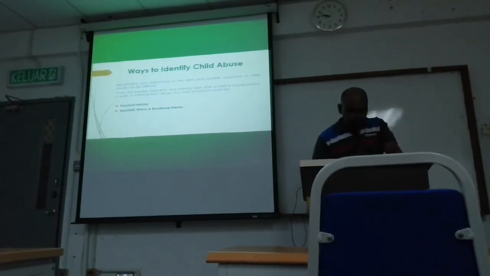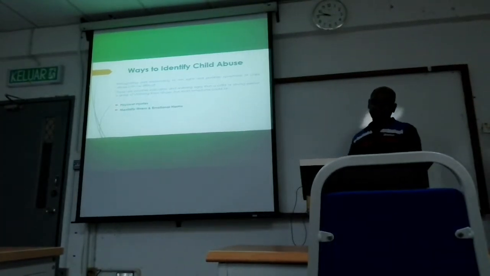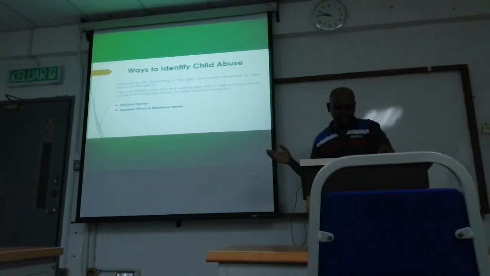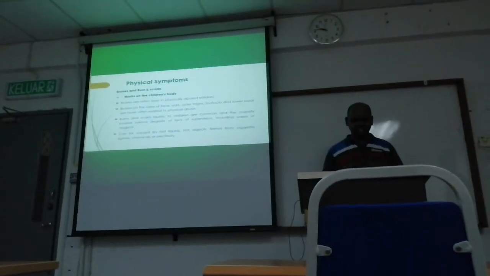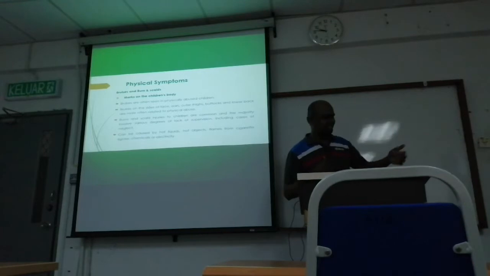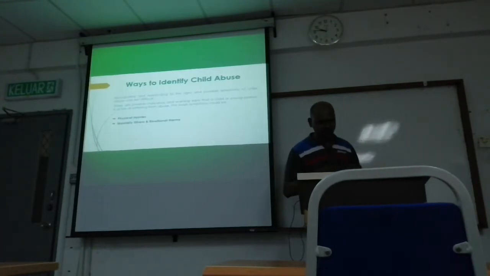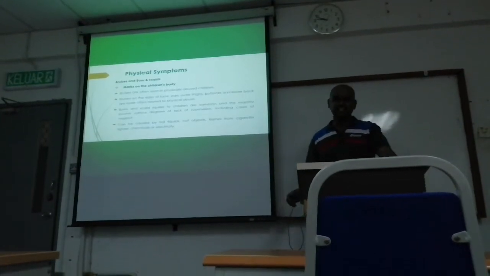We are going to cover 2 subtopics under ways to identify child abuse: physical injuries, and mental illness and emotional harms. I will be covering the physical symptoms, and my partner here will be covering mental illness and emotional harms. So let me start with the physical symptoms.